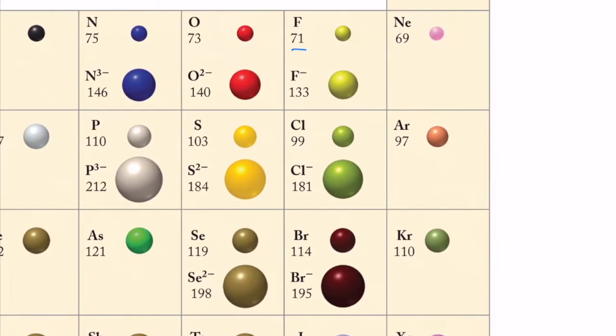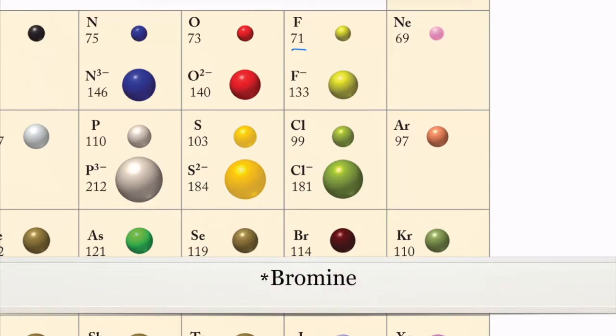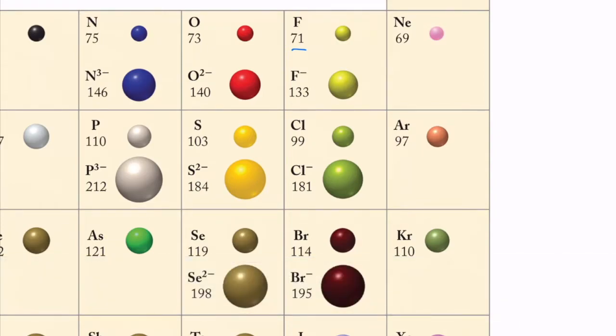If we look over here to fluorine, chlorine, and beryllium, for example, also oxygen, sulfur, and selenium, we can see that the negative ions end up being larger than their respective atoms, right? So here's the atom, here is the ion.